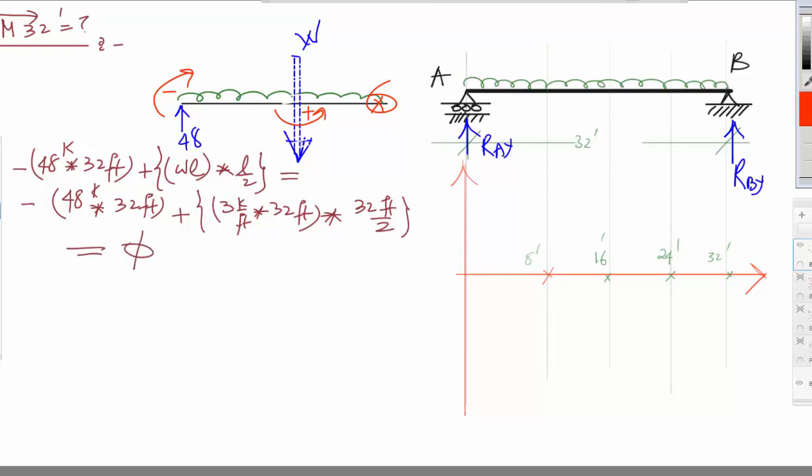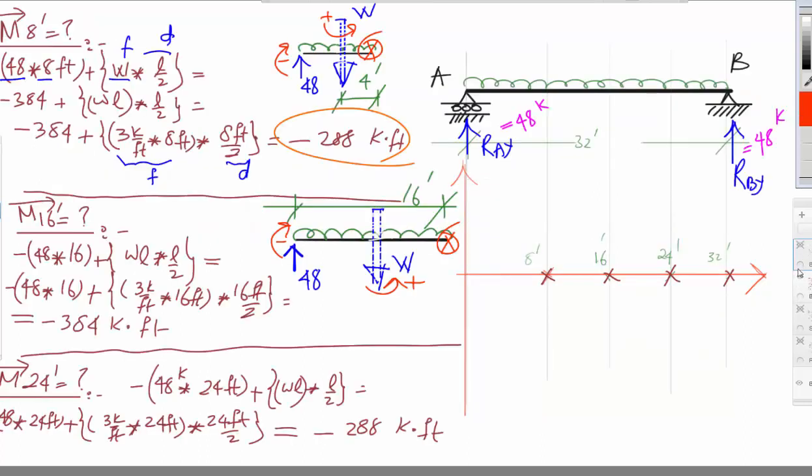So now I have all the points. I calculated all the points, and if you go back, like I suggested before, I'll go to the other diagram. I think all the values are here. The only thing I have to add here is the bending moment from left at 32 is equal to 0. So I'll have all the points here.